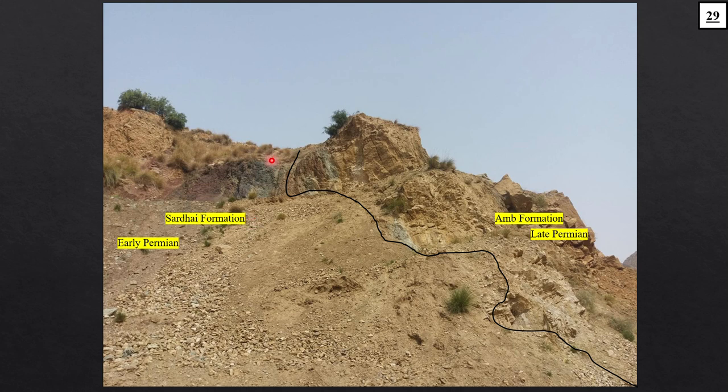So we see that the early Permian rocks were deposited in this ice or glacial fluvial system, or cool environment, and there is a line where the transition occurs towards the late Permian carbonate rocks of the Amb Formation, where the climate transitions into hot and humid, the glaciers melt, a greenhouse climate develops, the sea level rises and the carbonate system develops.